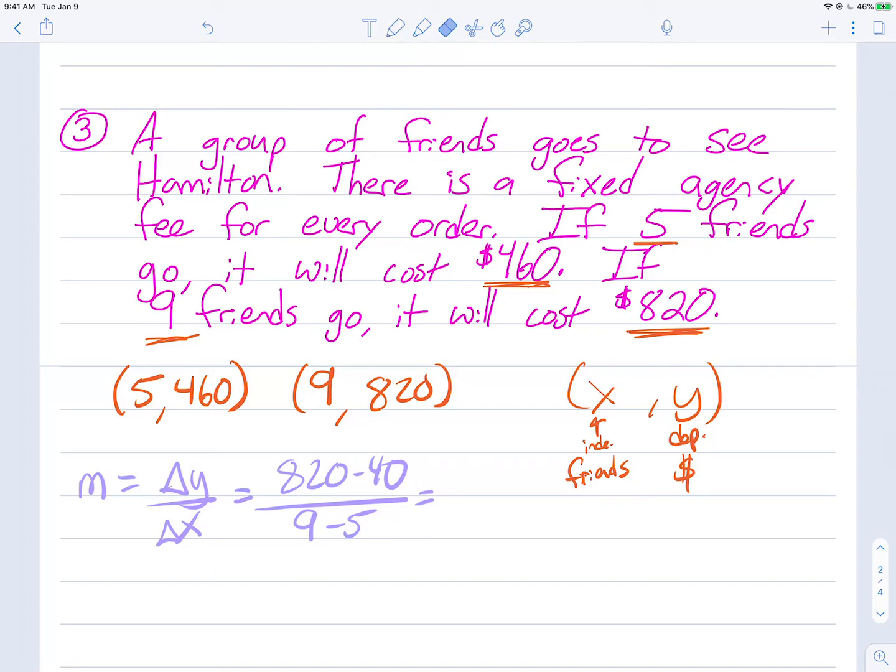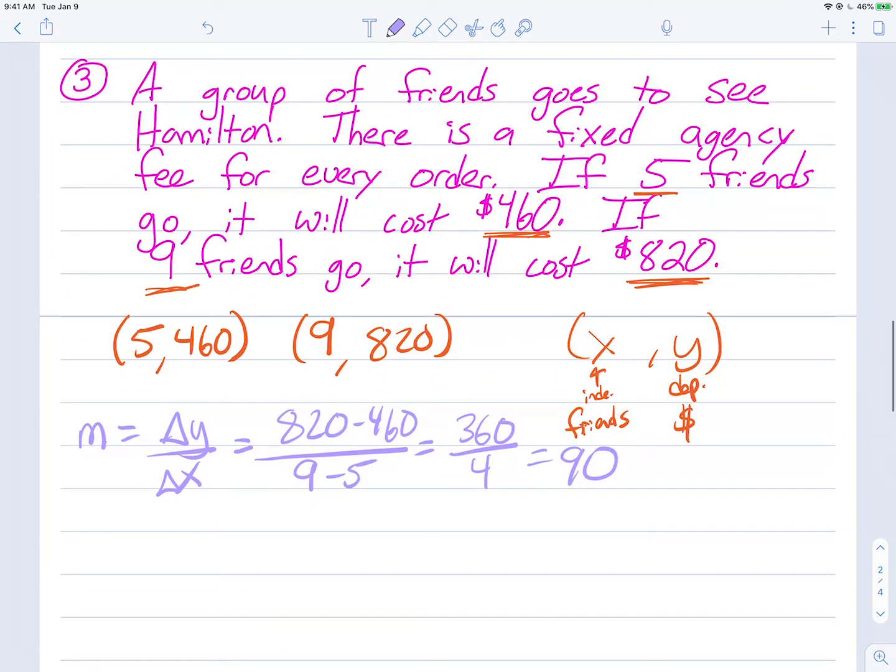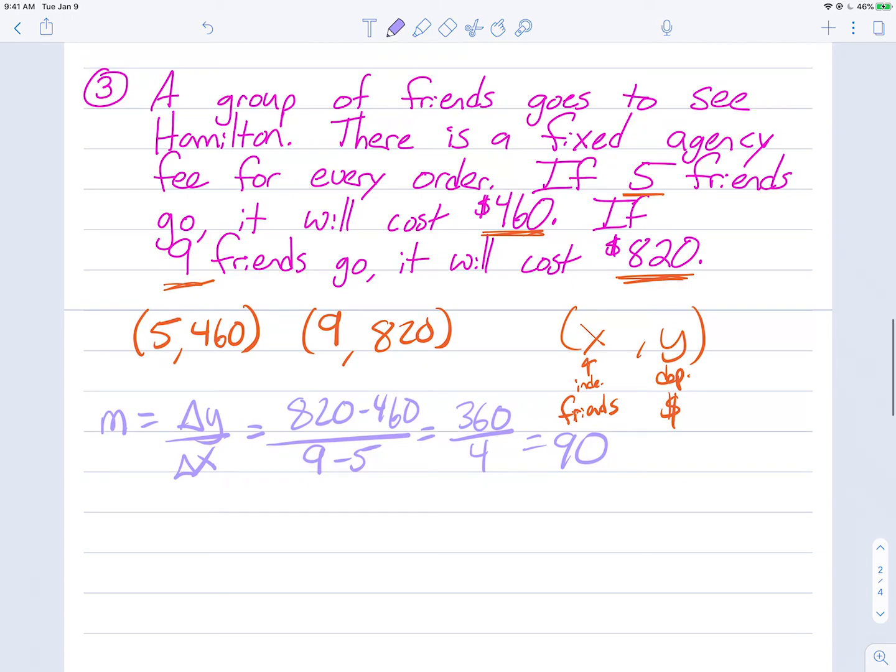So 820 minus 460 is 360, and 9 minus 5 is 4, and 360 divided by 4 is 90. So my slope is 90, which means that each ticket to Hamilton costs $90.